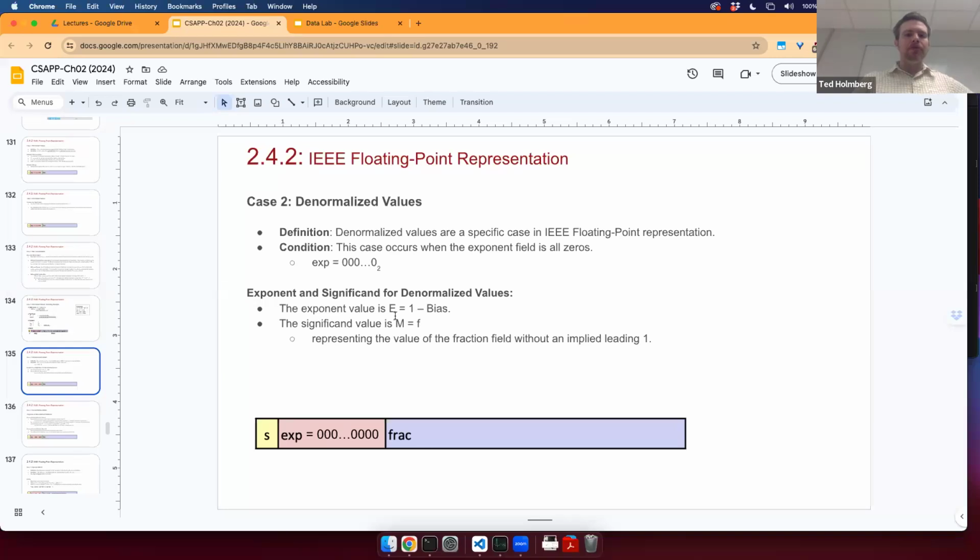The exponent value can be defined as 1 minus bias, because remember what our bias term was, 127. So if we do 1 minus 127, that should zero everything out. And so the significand value is just going to be M equal to whatever our F term is. And remember, our F term is anything between 0 and 1.